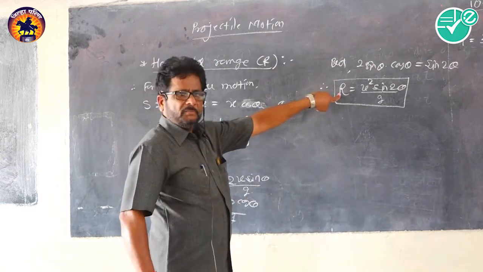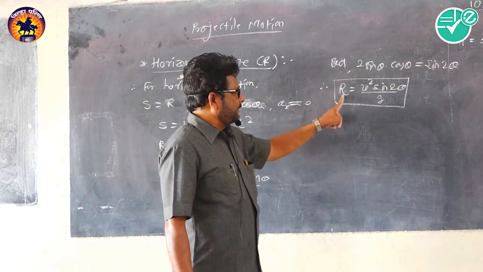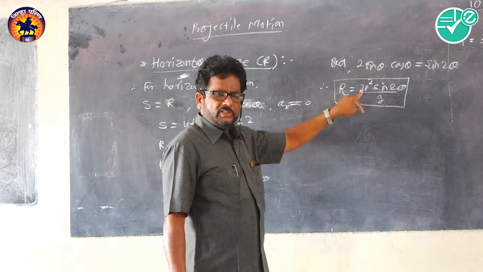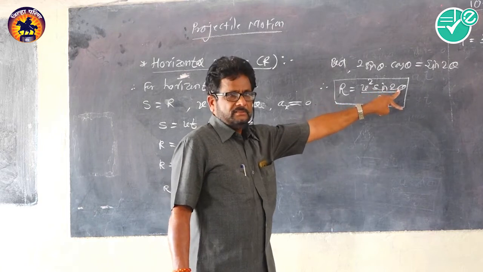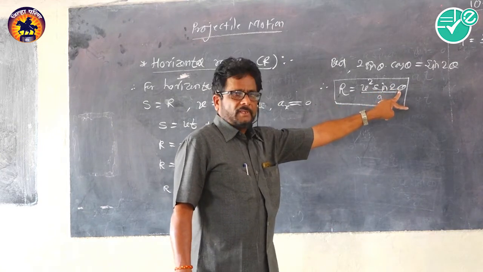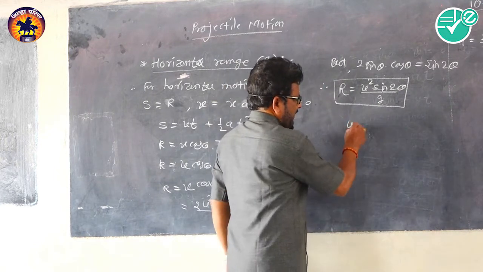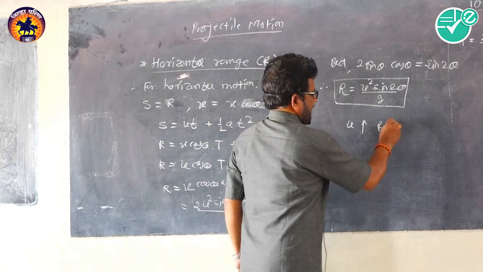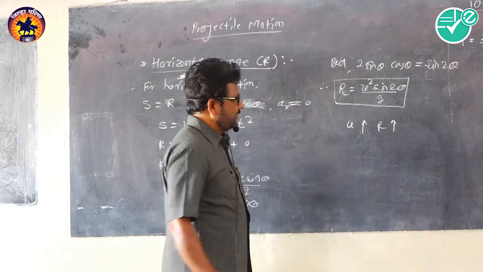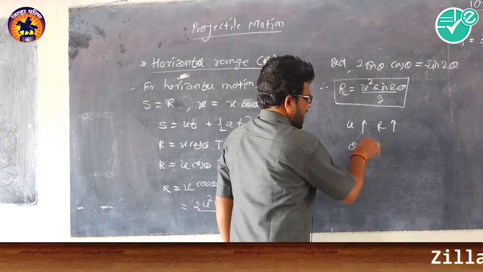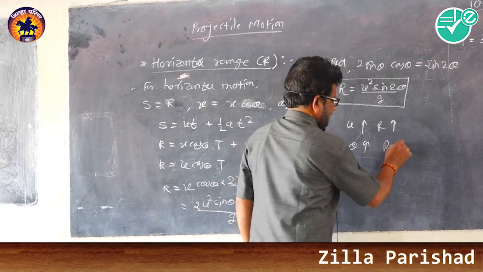Again, from this equation it is clear that the range of the particle depends upon the initial velocity of projection as well as the angle of projection. As u increases, R increases. Similarly, as theta increases, R increases.